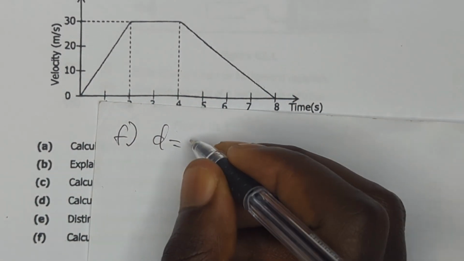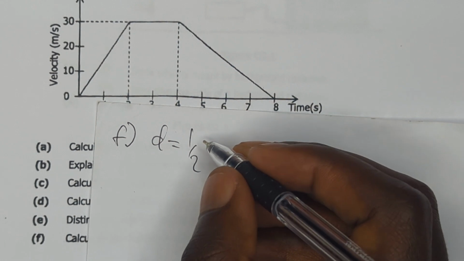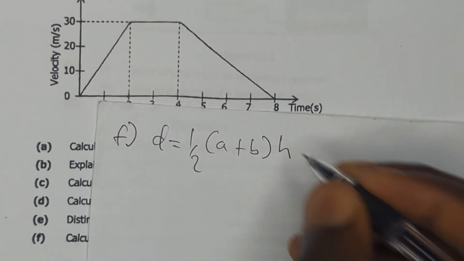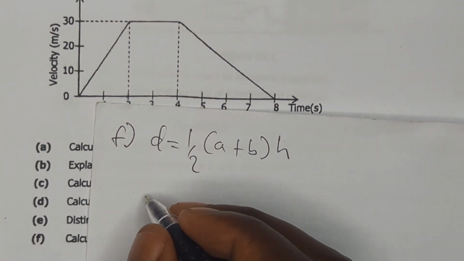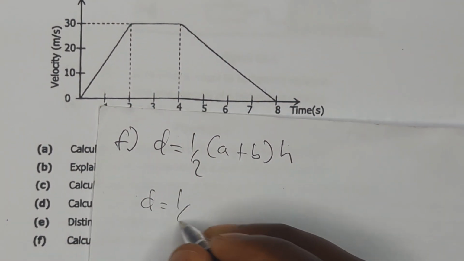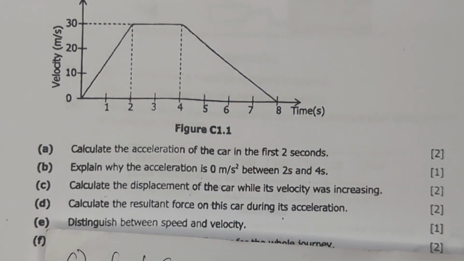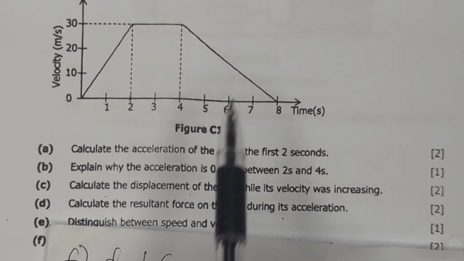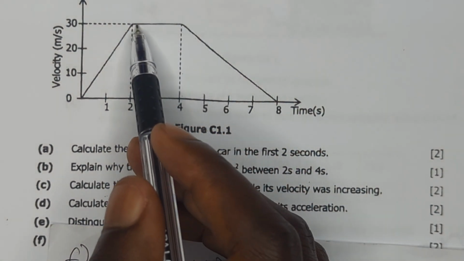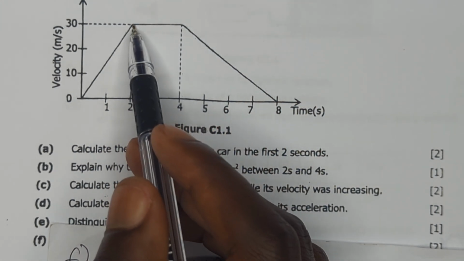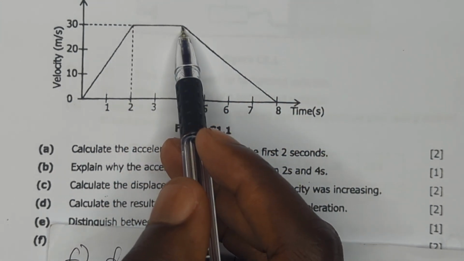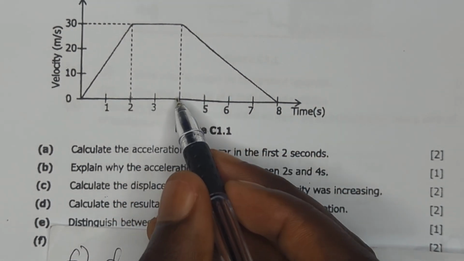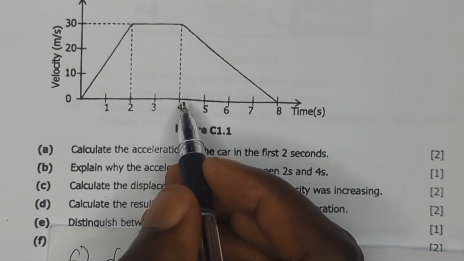So distance is equal to half, for the trapezium, which is half (a plus b) height. Distance is equal to half. Now our a, it is the length of the rectangle from this point to that point. That is our a. So the length of this rectangle from this point to that point, we find the difference.